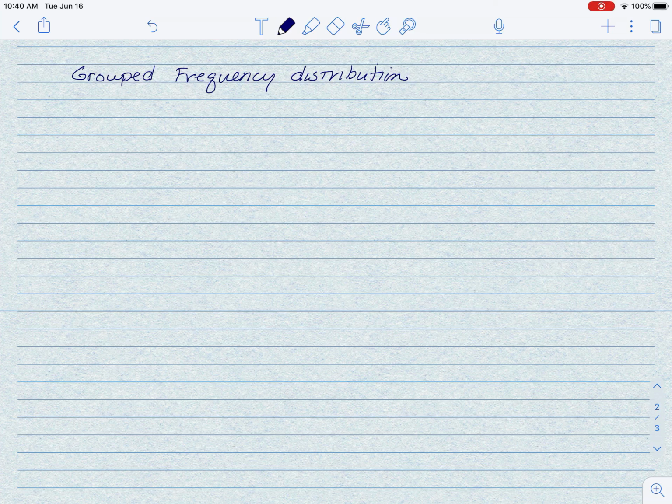And so we need to put up some conditions for what should hold true for these class limits, as we call them. Typically, there should be between 5 and 20 classes.